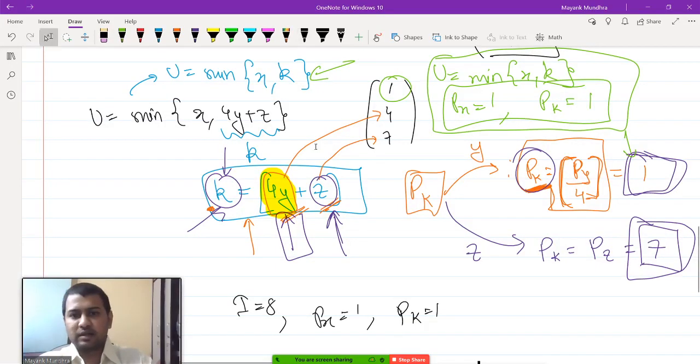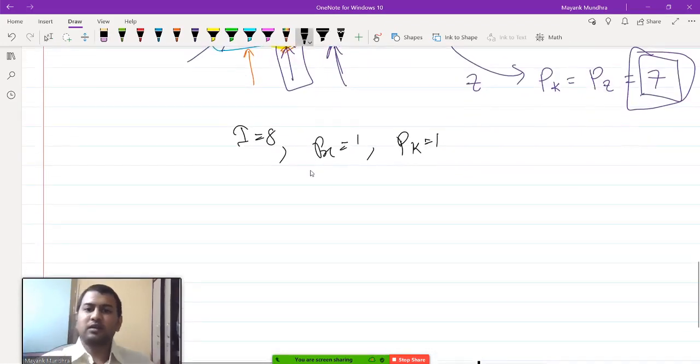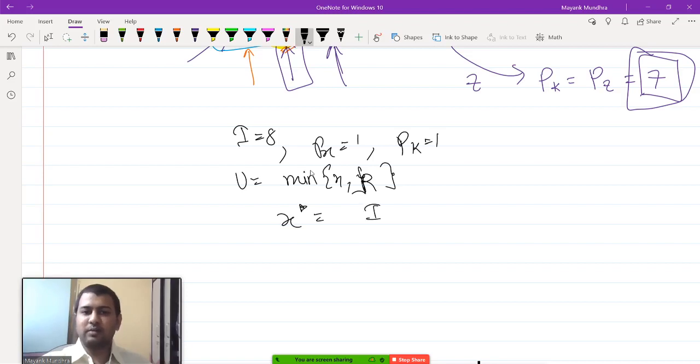In the perfect complements case, the utility function equals min of x comma K, and we had the demand function x star equals I by px plus pk. How did we solve this? We used to say two things.